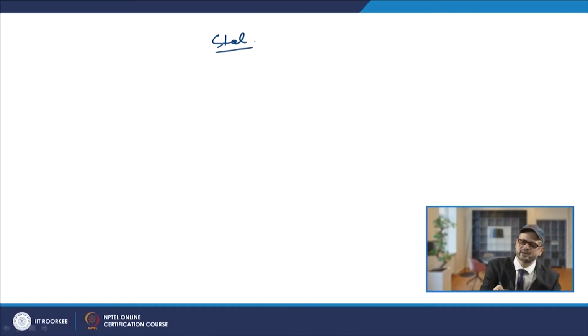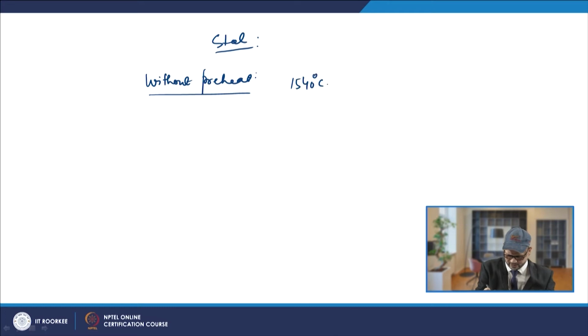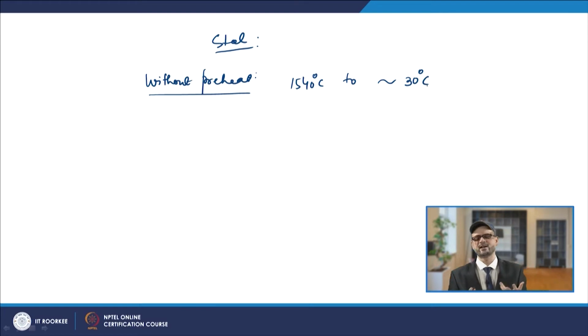If you talk about the normal case of iron, suppose we take the steel case. In the normal case without preheat, we are decreasing the temperature from 1540 degree centigrade to about 30 degree centigrade, taking 30 degree centigrade as room temperature.